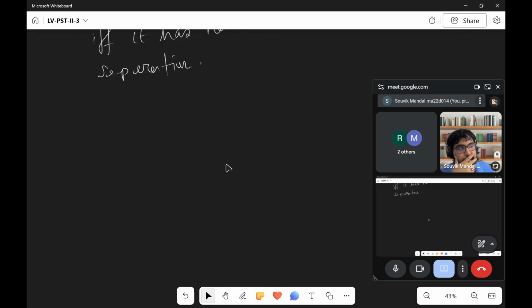So A and A complement form a separation of X. Correct. So this implies X is not connected. Correct. What about the converse?